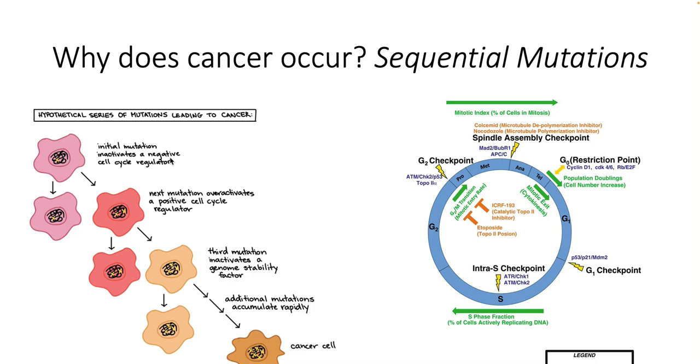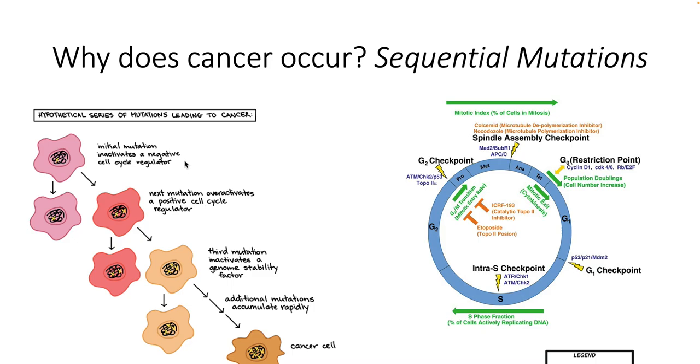Or not turn off, but should I say, it does not stimulate proliferation. So a negative regulator is going to be like, don't grow, don't divide, don't do those things.